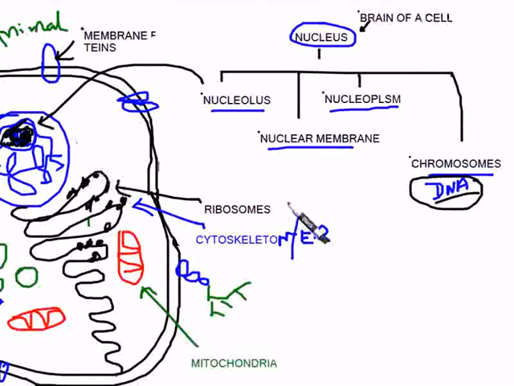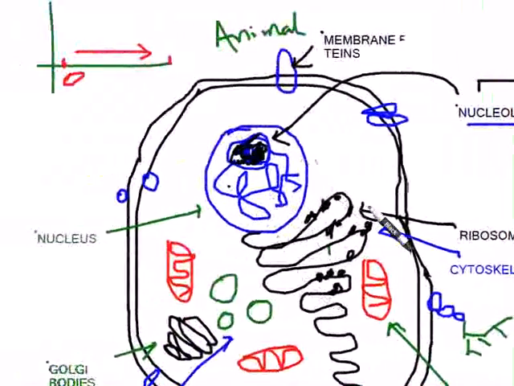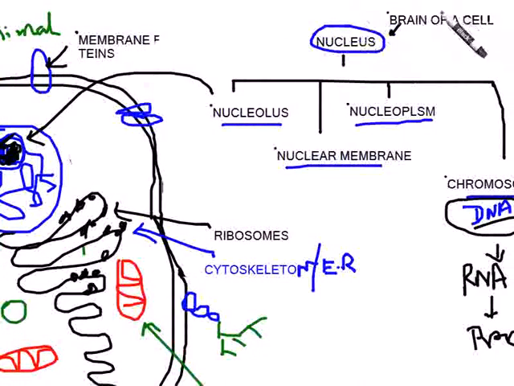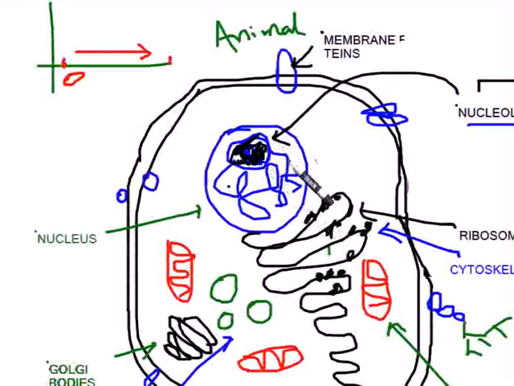It sends that information via RNAs, and via these RNAs it can make proteins. Those proteins perform particular functions, and when those functions are established, we have an enormous amount of change in the cellular functionality and structure. That's why it is called the brain of a cell, because it controls. This is the control room of the whole cell.